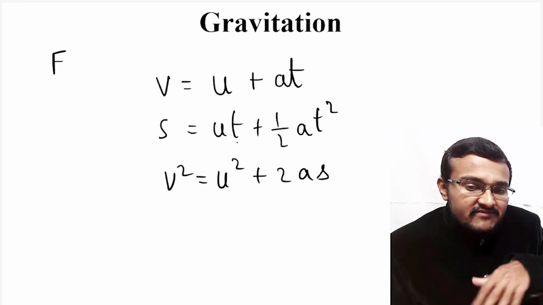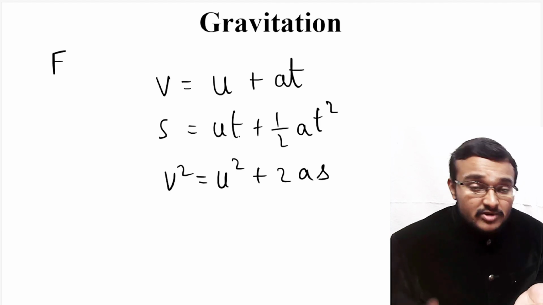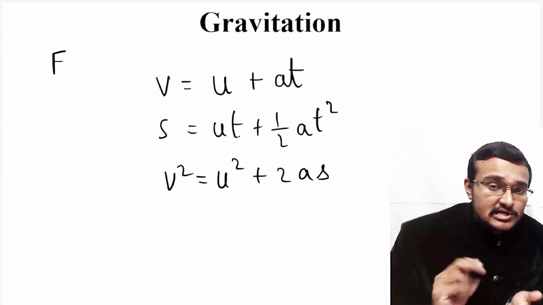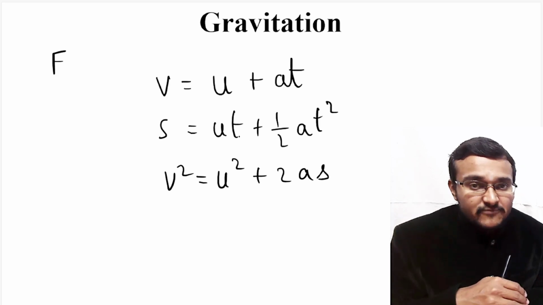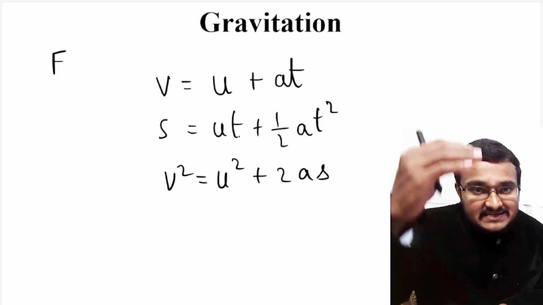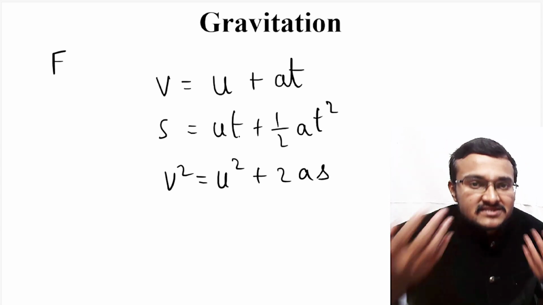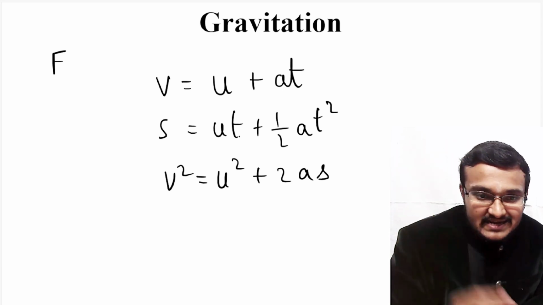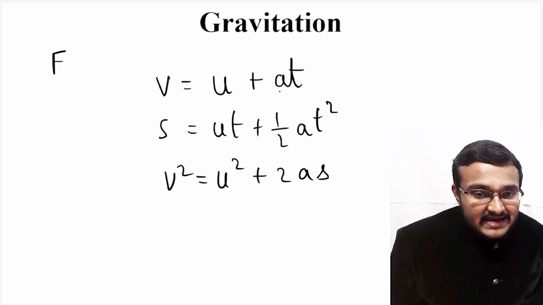Wherever acceleration is there, you can just give acceleration due to gravity, because any object which is freely falling onto the Earth's surface will be under the gravitational force influence of Earth, and whatever acceleration it has while falling onto the Earth's surface is acceleration due to gravity.